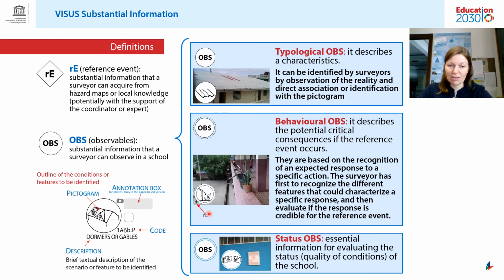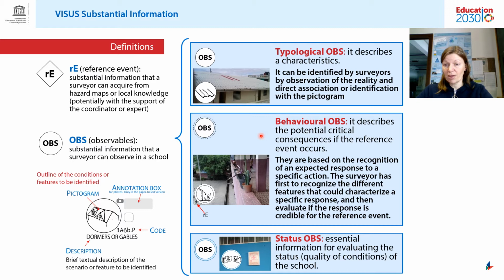In this case it is a very small symbol of an earthquake. So the behavioral OBS is represented by a circle with two lines, a solid line inside and a dashed line outside. The behavioral OBS are based on the recognition of an expected response to a specific action.